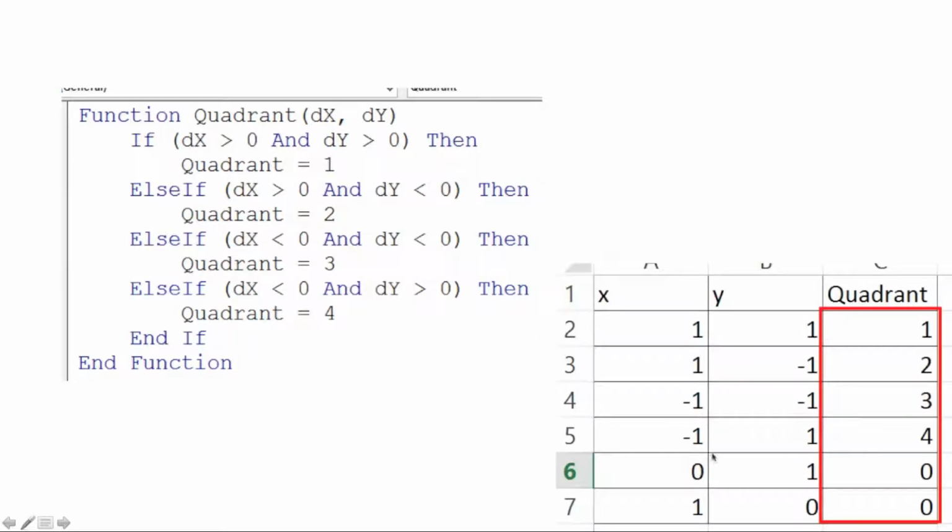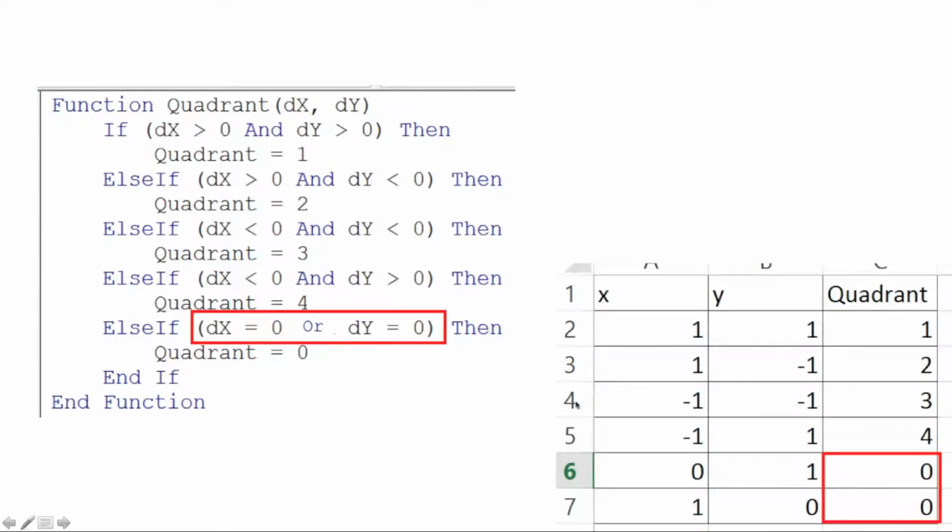What about if our x or y are 0? Well, in that case we have the quadrant as 0, because there is no quadrant number assigned to our quadrant function in that case. That's the way it works in Visual Basic for Excel. But we have to be more explicit in that solution.